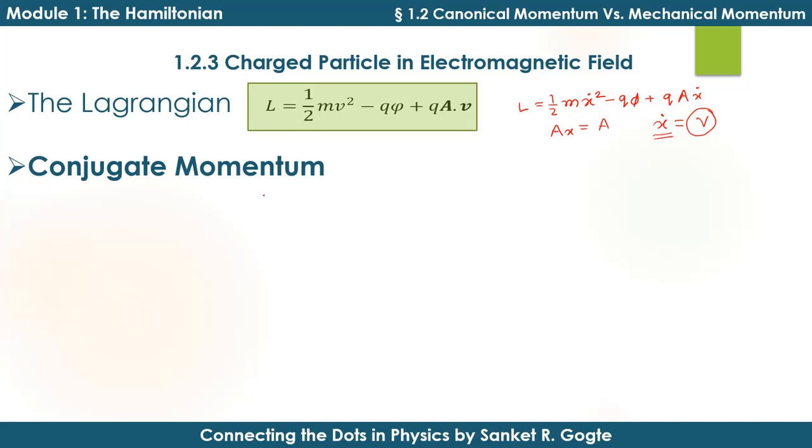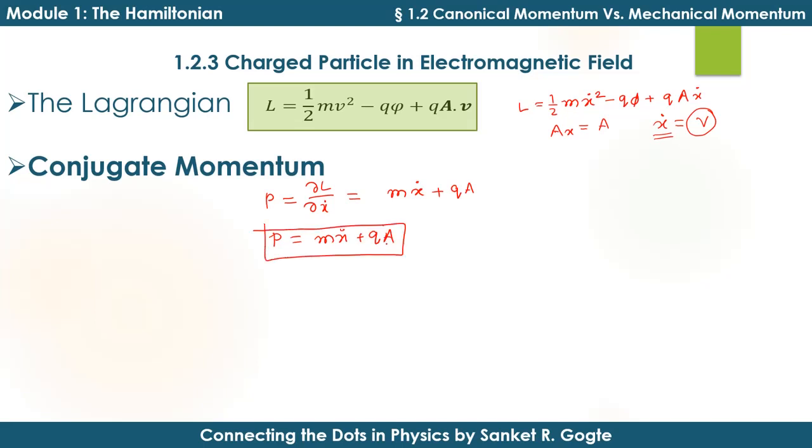So the conjugate momentum along the x-axis, remember that we are doing this for only one axis, is equal to ∂L/∂x dot, which is equal to m x dot plus q into a. So p that we obtain is m x dot plus q a.